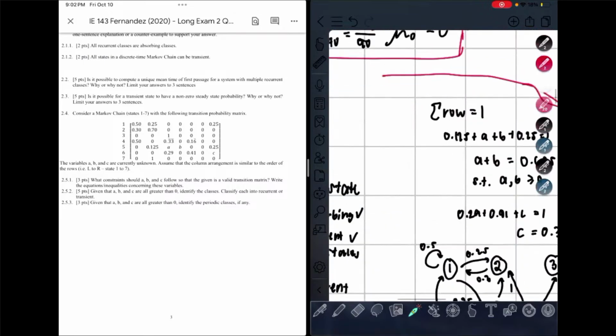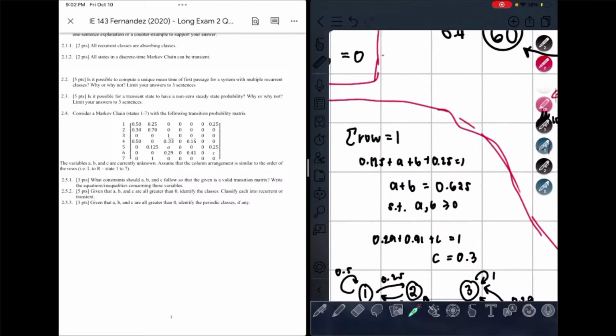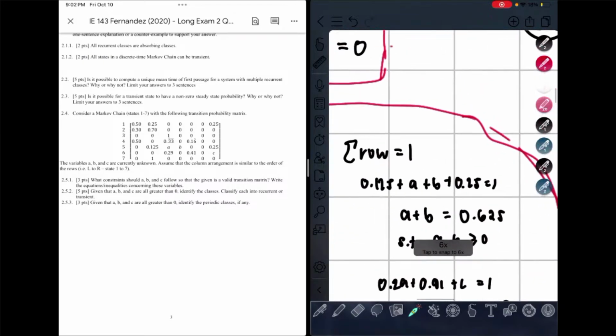Going back to how we solve for A, B, and C. For this to be a valid transition matrix, the rows basically just have to add up to 1. So in this case, it's just taking all the values that you see along the row and adding them to 1. So row 5, 0 plus 0.125 plus A plus B plus 0.25 equal to 1.